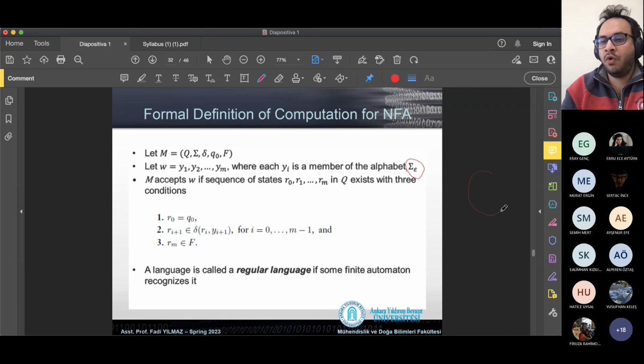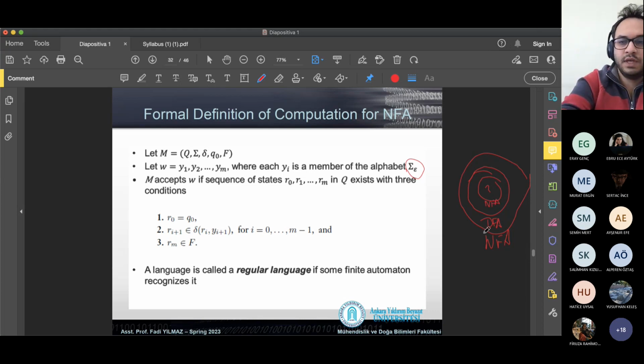So this is all the languages that deterministic finite automata accept. These are the regular languages, right? So this is DFA. NFA is the same, or NFA is somehow a bigger set. Or NFA is a smaller set.